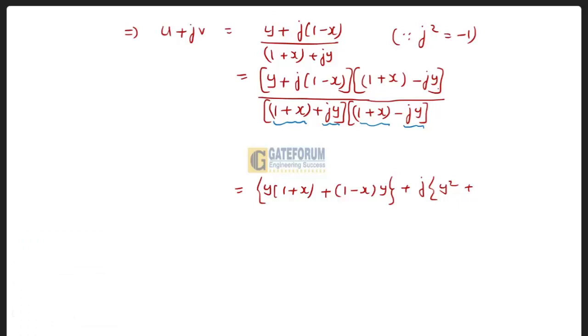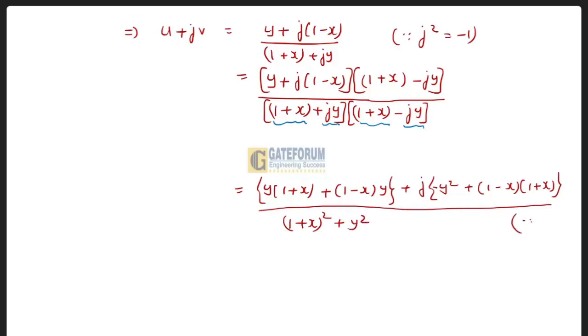So y into this minus y square, and from this side (1 minus x) into (1 plus x). Whole divided by (1 plus x) whole square plus y square, because j square value is minus 1.